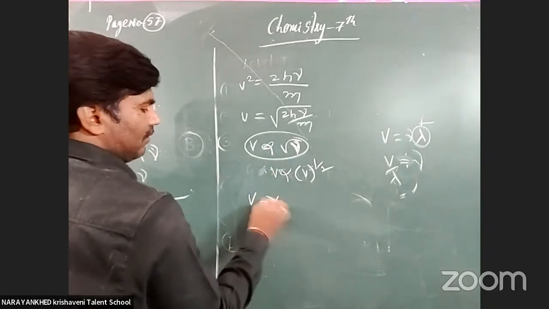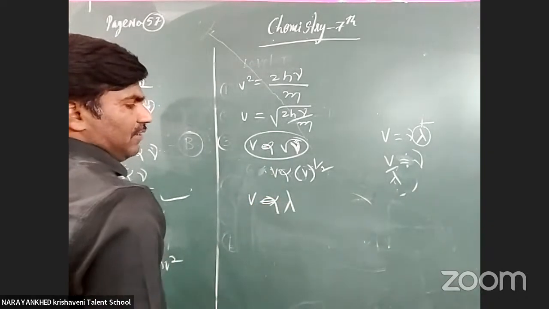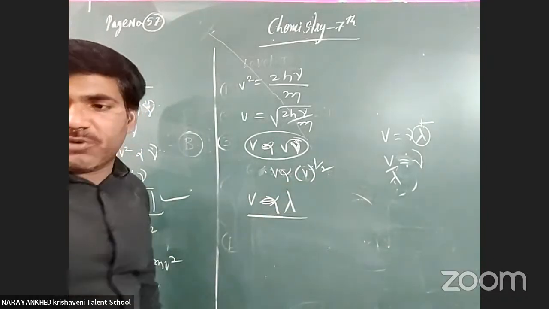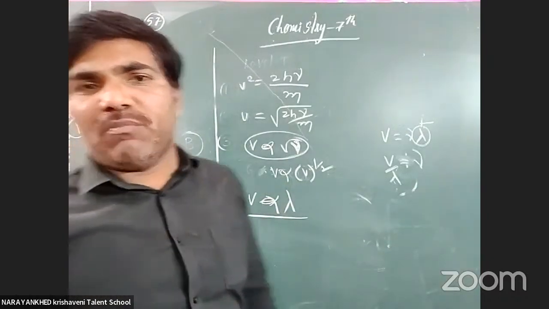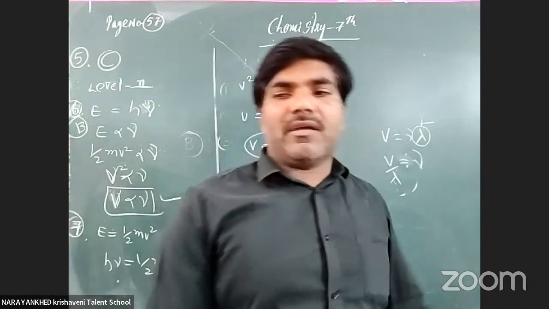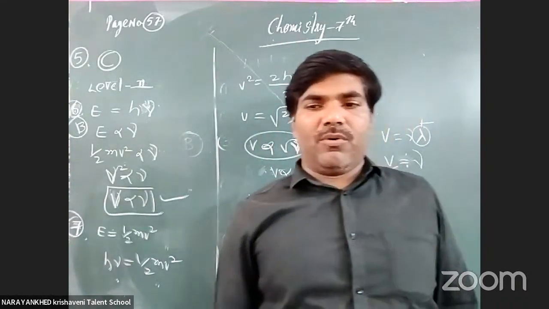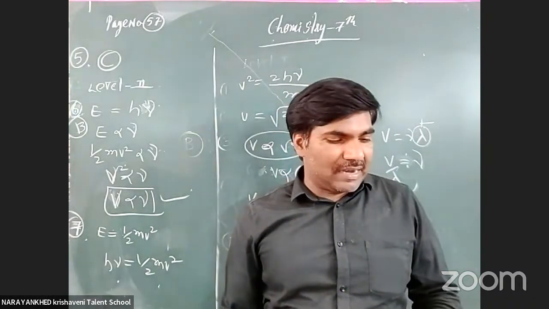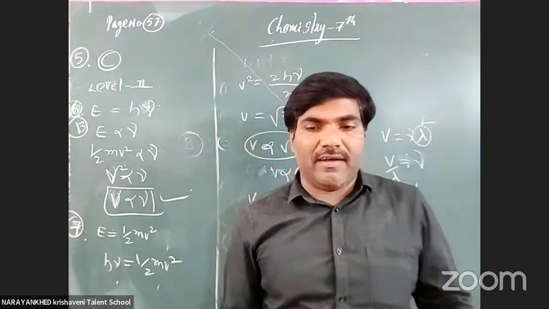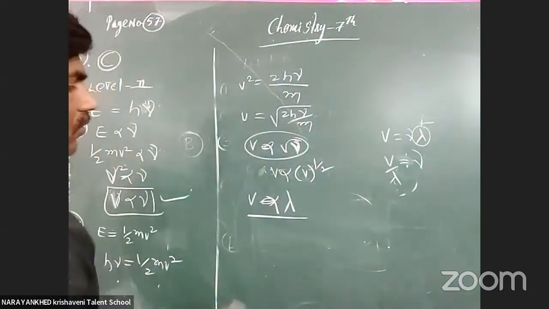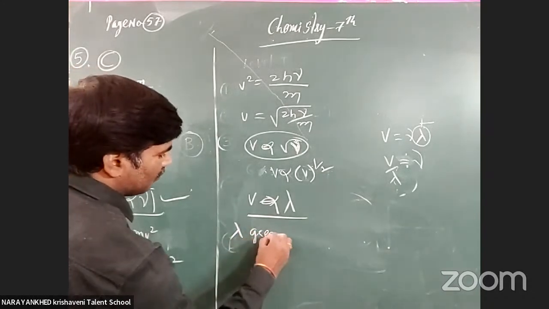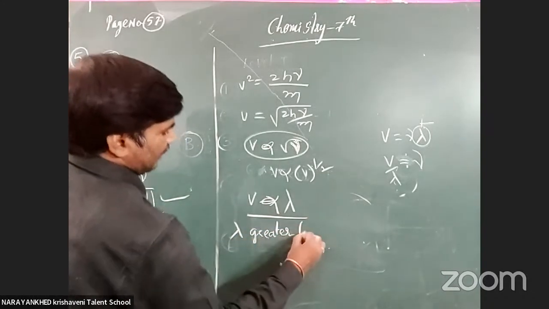Velocity is inversely proportional to frequency, and frequency is directly proportional to lambda, so the color containing more lambda value, red color, has the greater velocity. Clear or not? That is why the velocity is greater for red color. The answer is A. Lambda is greater for red color.